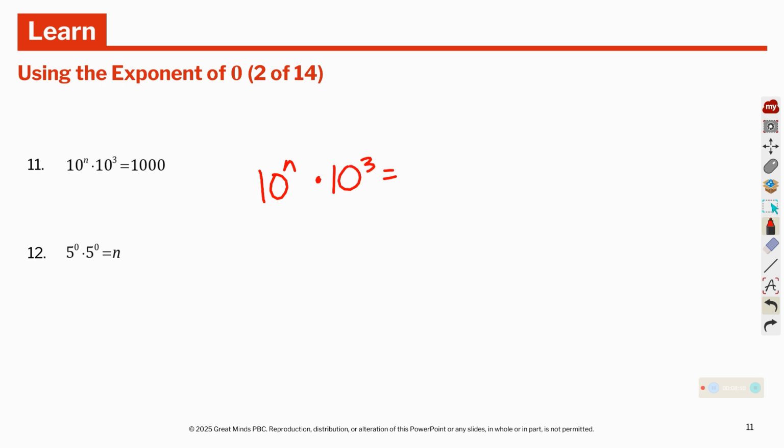With the bases multiplied together, we add the exponents. And that's supposed to equal 1,000. Well, 10 to the 3rd is 1,000. So that means n has to be 0 because 0 plus 3 is 3.